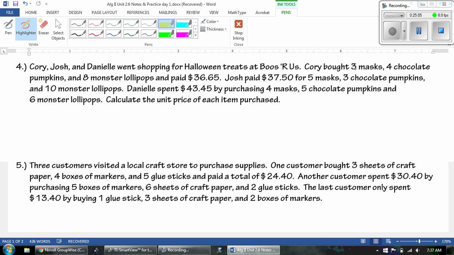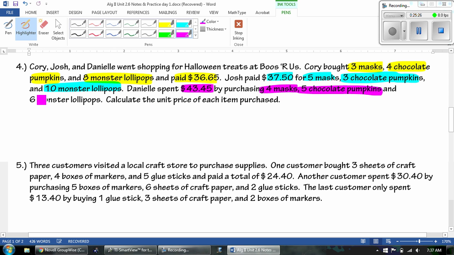Corey bought, so this is our first guy, he bought 3 masks, 4 chocolate pumpkins, and 8 monster lollipops and paid $36.65. Josh paid $37.50 for 5 masks, 3 chocolate pumpkins, and 10 monster lollipops. And Daniel spent $43.45, 4 masks, 5 chocolate pumpkins, and 6 monster lollipops.